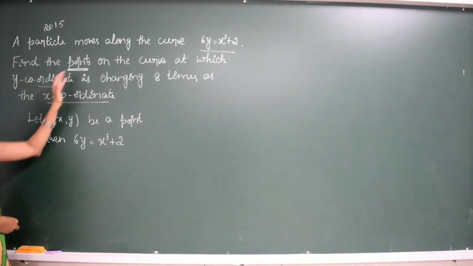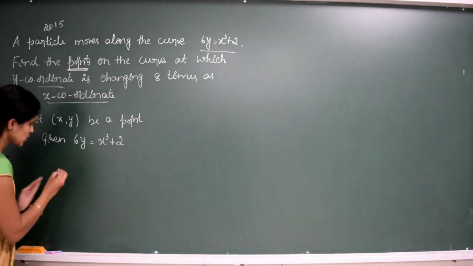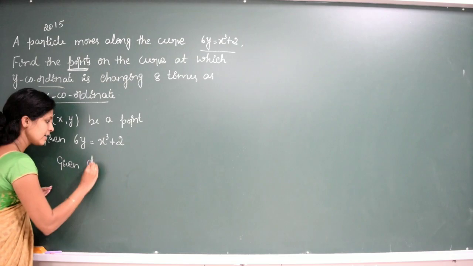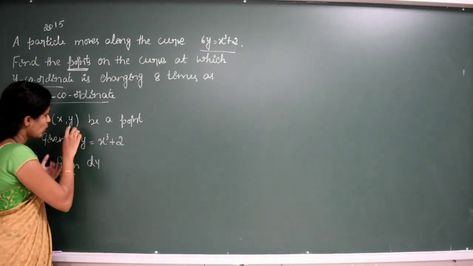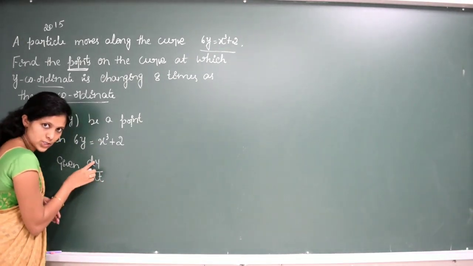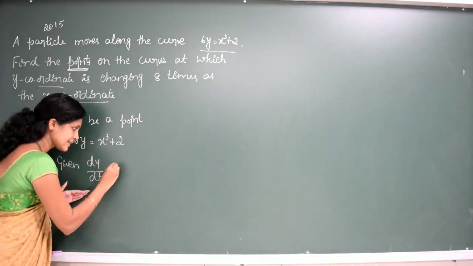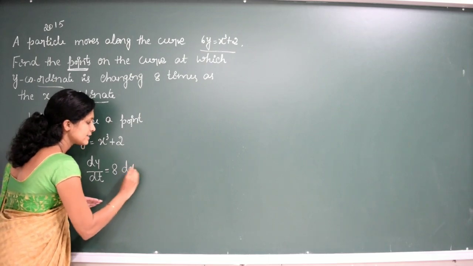The y coordinate is changing with respect to time. Here the y coordinate we have considered as y, right? Rate of change of y with respect to t, dy by dt, is 8 times the rate of change of x, that is 8 into dx by dt.